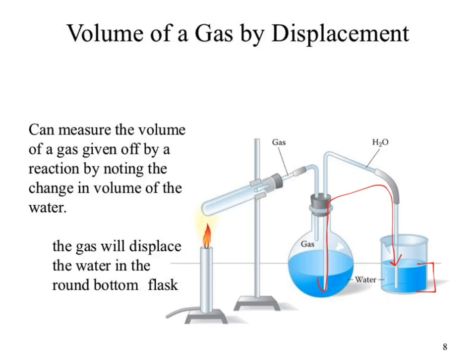When we're measuring volume in this way, we want to measure just the gas, not the effect of heat as well. What's the problem, though? How are we getting the reaction to happen? We're adding heat, which means we might be monitoring a temperature change, not just the gas change. How do we prevent the temperature change from having an effect?